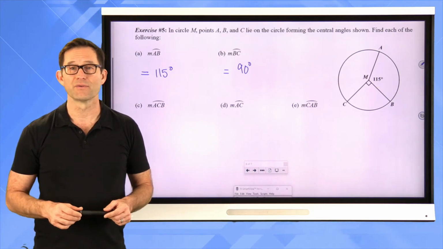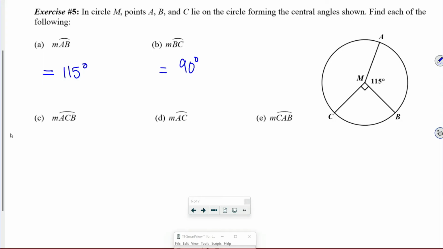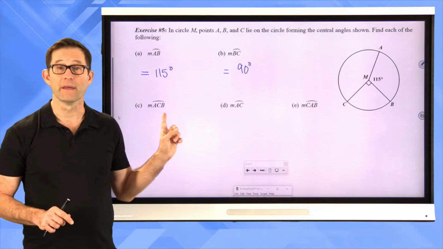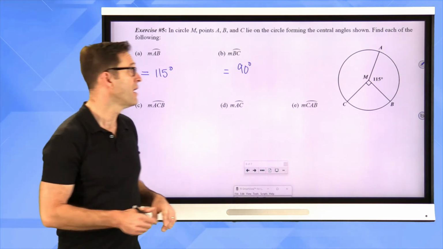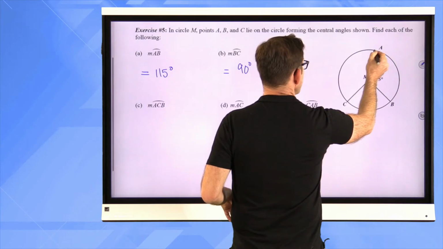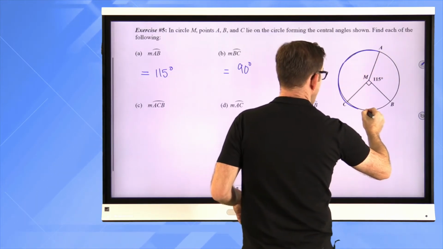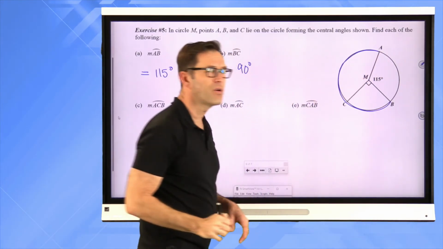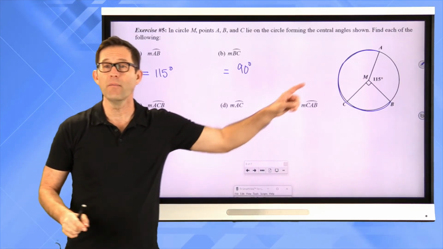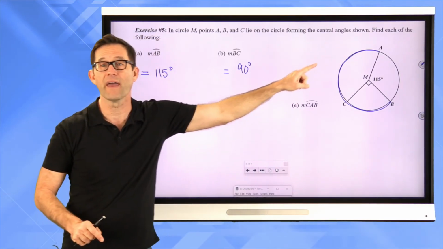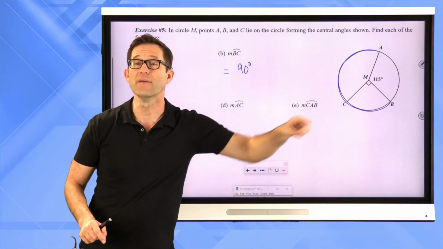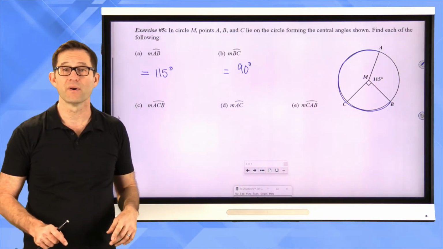Now let's take a look at letter C. The measure of arc ACB. All right, now finally we get ourselves a major arc. And the measure of arc ACB is going to be the degree measure of that. And you can almost think about this as how much would I have to rotate point A to get it to point B if I'm going counterclockwise, all right?